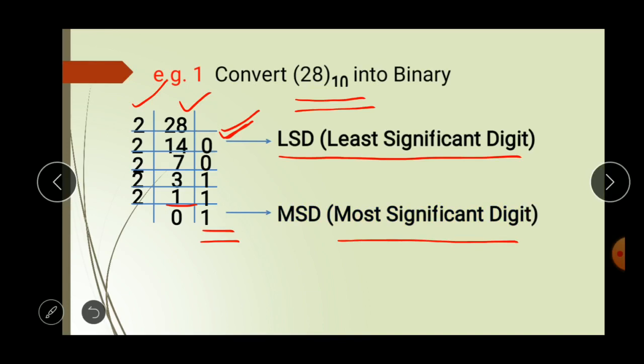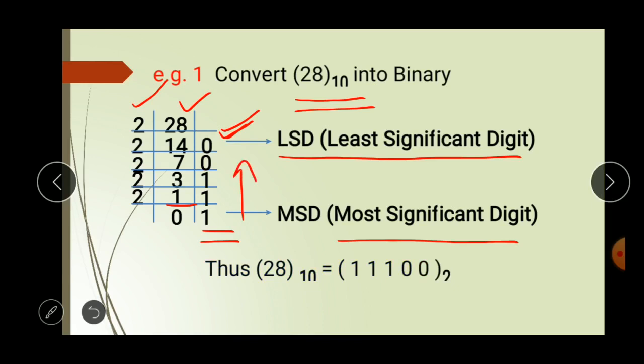The full form is most significant digit. After doing the division process, we will check out the LSD and MSD, and we'll write all the remainders from MSD to LSD, that is from bottom to top.